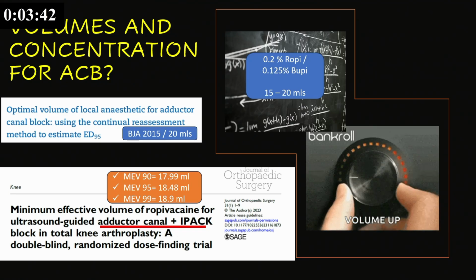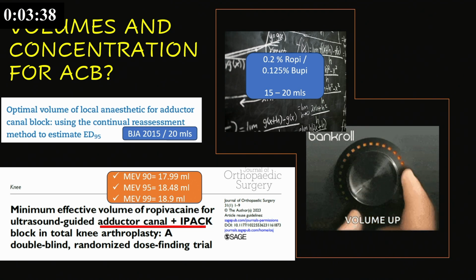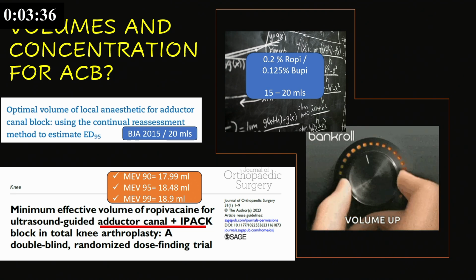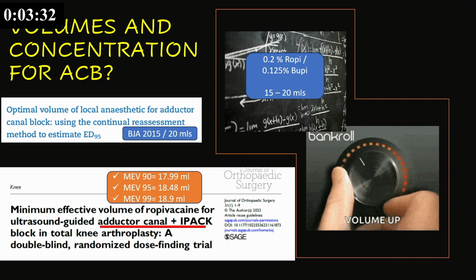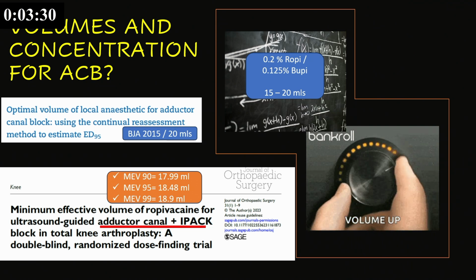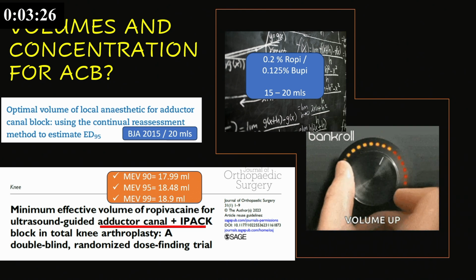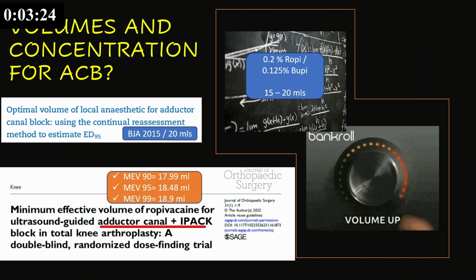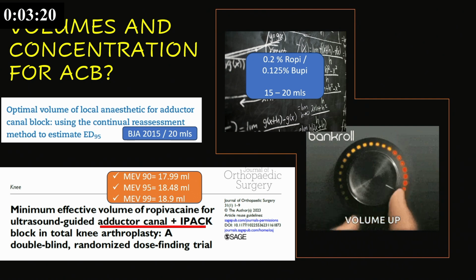So now coming to the next question, what volumes and concentrations should we be using? This is an interesting study by Jaeger et al., 2015 BJA, where they showed that the ED95 to fill the entire canal, which is around 8 to 11 centimeters in length, is 20 mLs. So if you wish to fill this canal completely, then 15 to 20 mLs is the volume which is required.